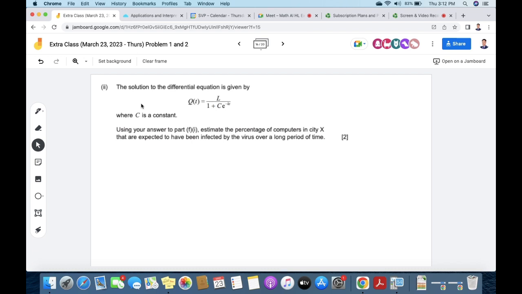If we simplify this one here, we can now say Q of T equals L over 1 plus C e to the power of negative k t. And then, how about for the time? Since we're talking about long periods of time, how can we represent that?